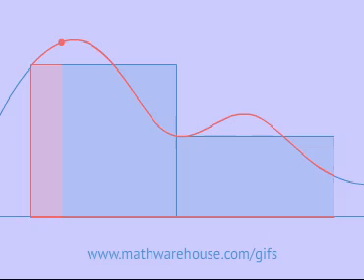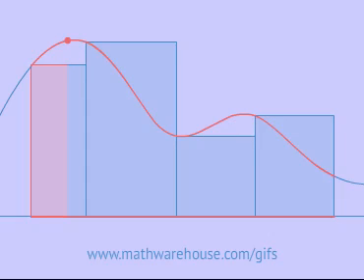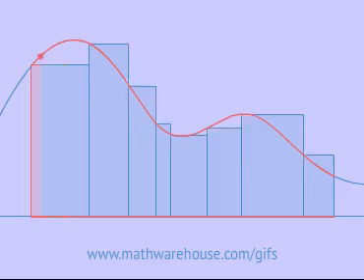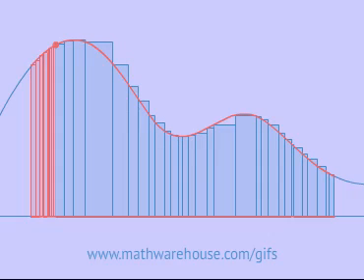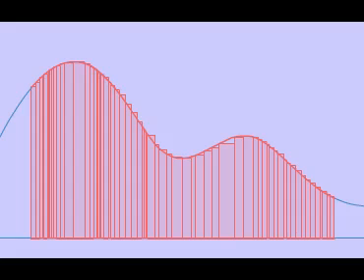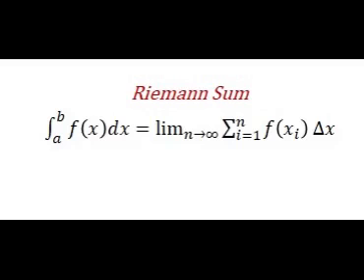The area under the curve y equal to f of x is divided into small rectangular regions, and the sum of the areas of these rectangles will approximate the area under the curve. Hence, the area under the curve is the Riemann sum of the area of the small rectangles.